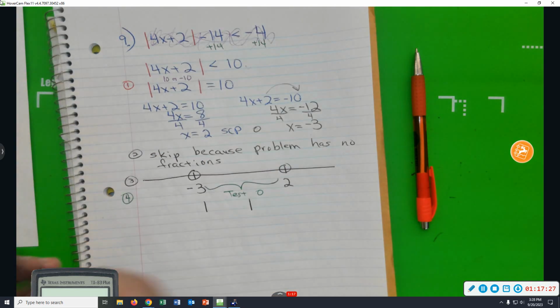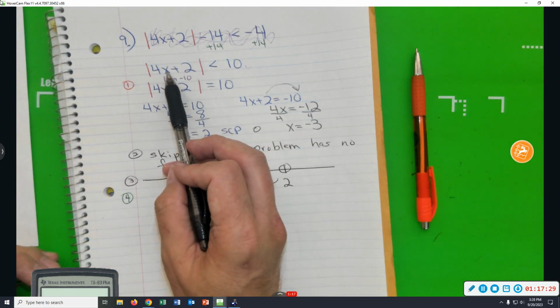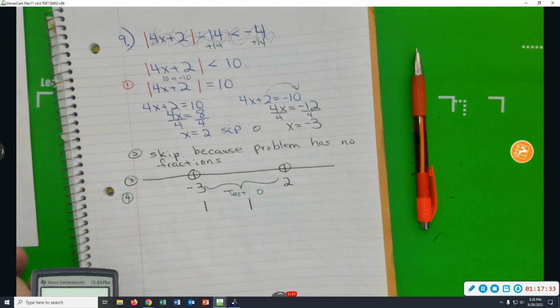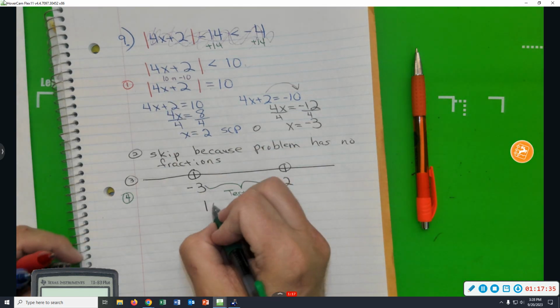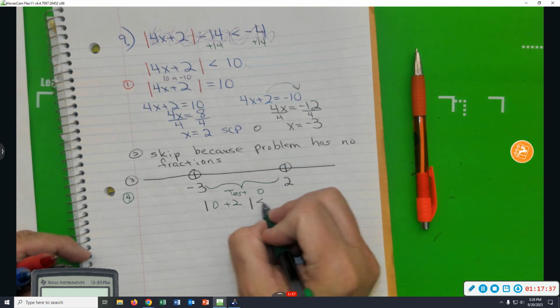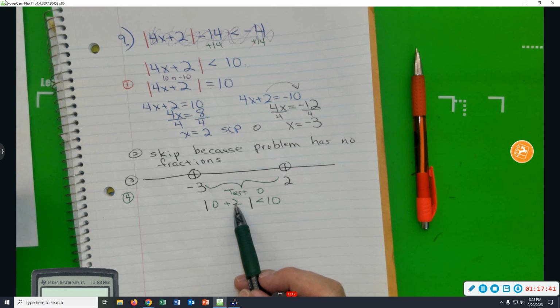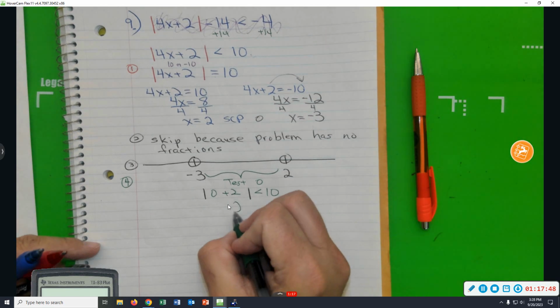So you have the absolute value of 4 times 0 is 0, so you have a 0 plus 2. 0 plus 2 is 2. What's the absolute value of 2? 2 is 2 less than 10.